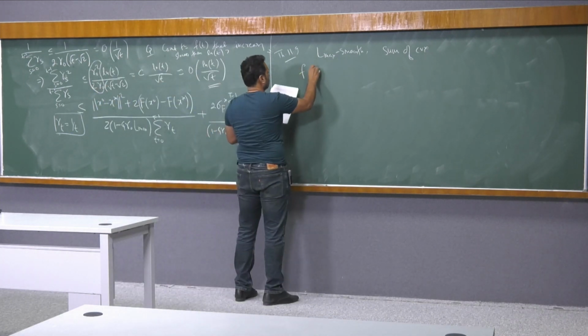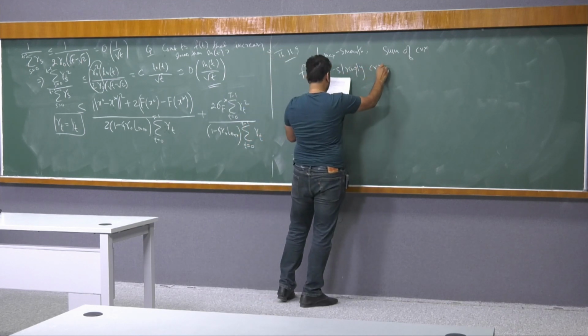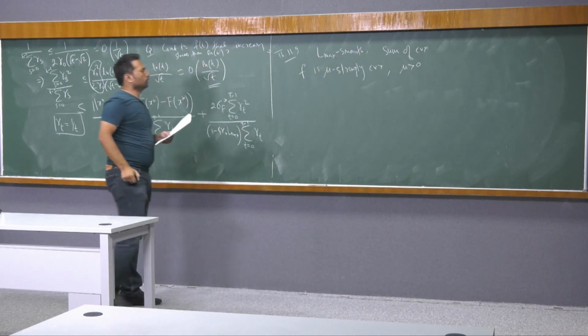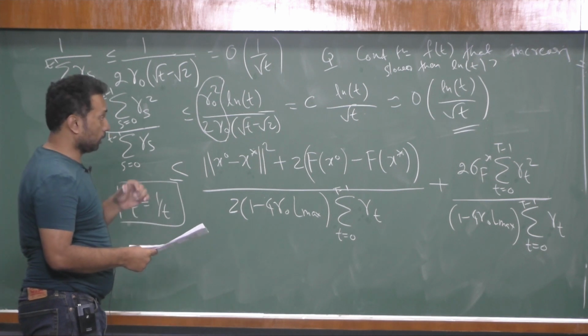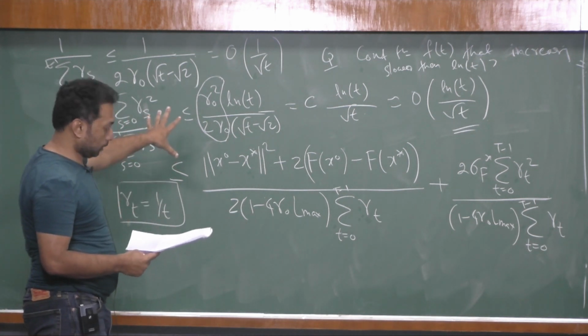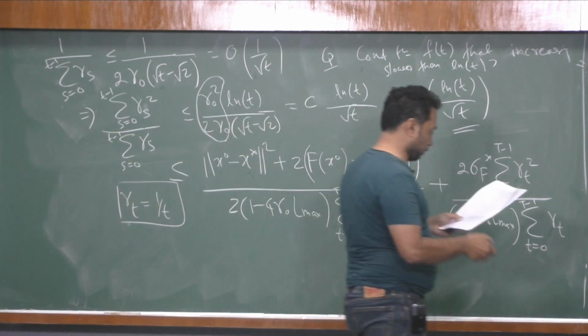These are the additional assumptions. Obviously, if f is mu strongly convex, it's a stronger condition than convex, and hence the proof becomes easier. So this took 3 pages in the notes, and this takes 1 page. That's the simplification we have.